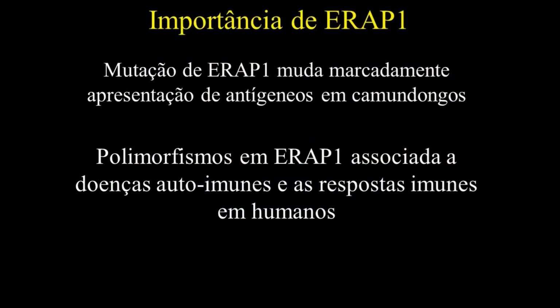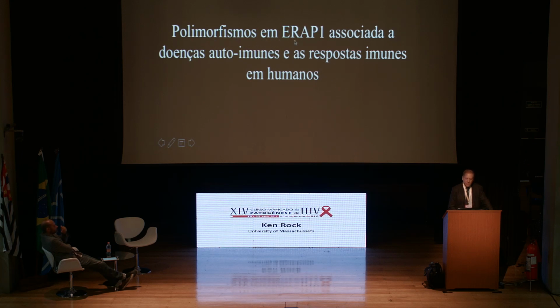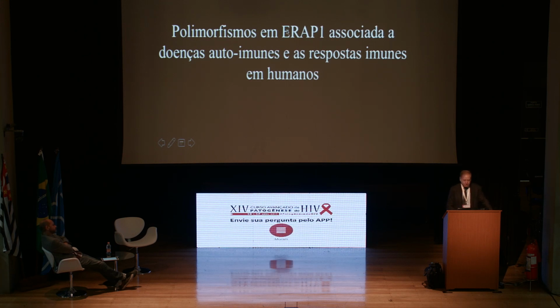So it turns out that ERAP1 is important. Our lab and others have knocked this out in mice, and it turns out this markedly changes the peptides that are presented, at least in mice. And in humans, it's been found that there are polymorphisms, variants of ERAP1 in the population, that are associated with autoimmune diseases and also responses to other things. So it's an important enzyme. The system can still work without it, but not so well.